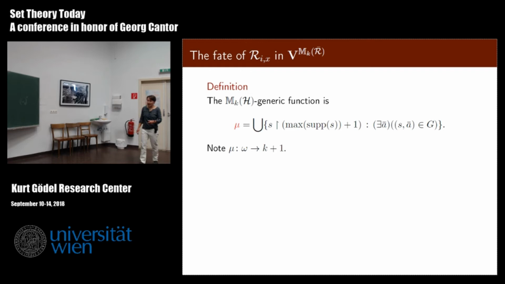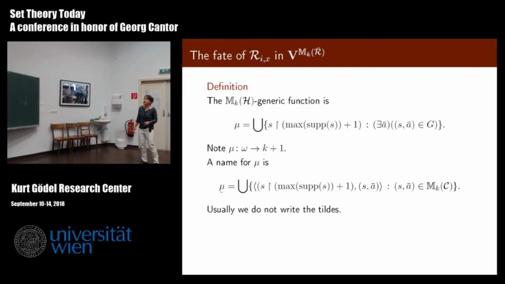So these, and actually really I want to name the fibers. First of all, the name for this is just the natural name here. We take just here the stem and then the condition. And if you evaluate this with the generic filter, you get this here. And from now on I will identify names and objects.